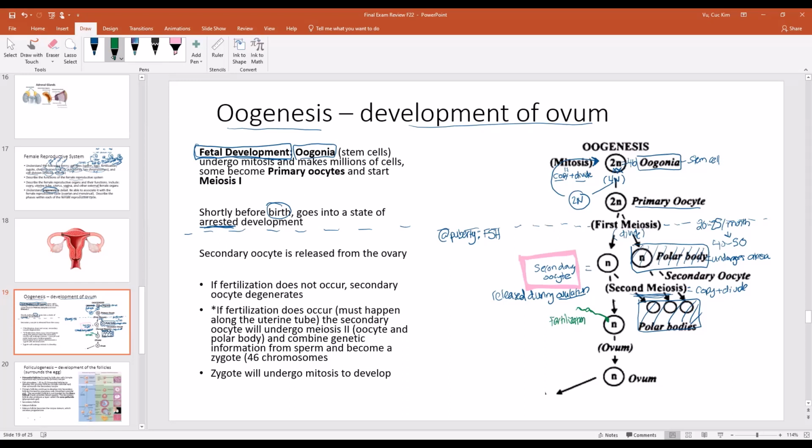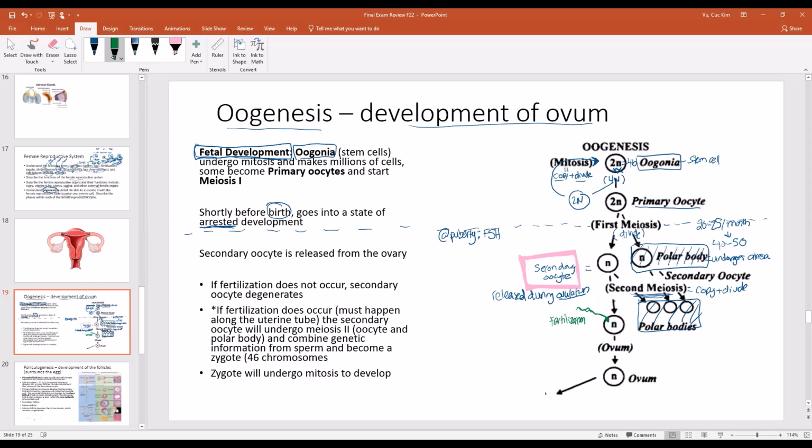Okay. Can I ask, is this chart showing that polar bodies are also copying and dividing? It doesn't. It just undergoes atresia. Okay. So you see three of them there on the side. I see your question, and yes, it does show that, but it does not ever copy.